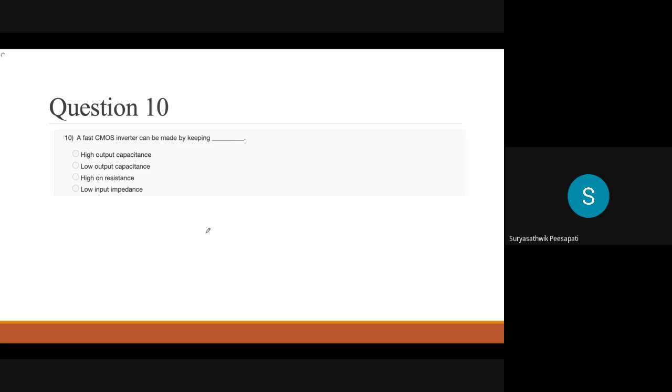So a fast CMOS inverter can be made by keeping low output capacitance and decreasing the on resistance of the transistor. Ma'am, option B, low output capacitance. Yes, so the right option here is option B.